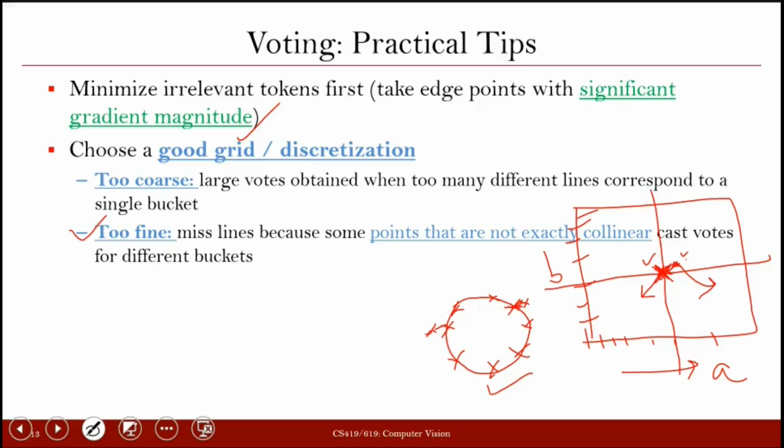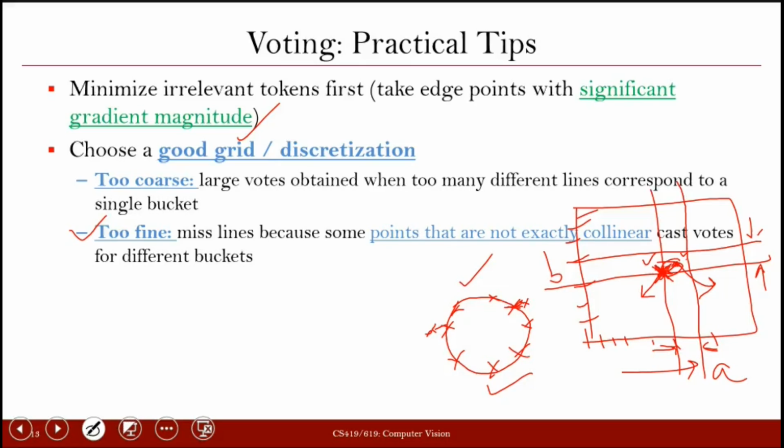But if you make your grid a little sparse, and let's say you consider that all the points falling in this particular range of A and in this particular range of B all actually vote for the same AB, then these points will be considered common. These points will be considered voting for the common AB. Okay, so that way you will be able to detect the correct circle.